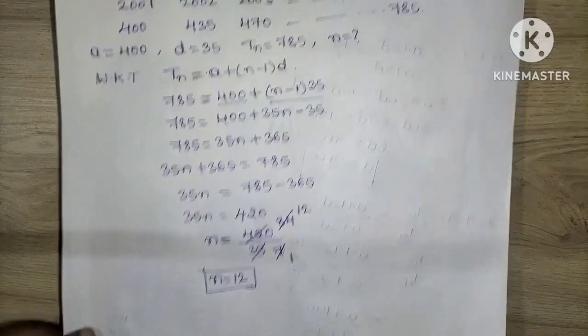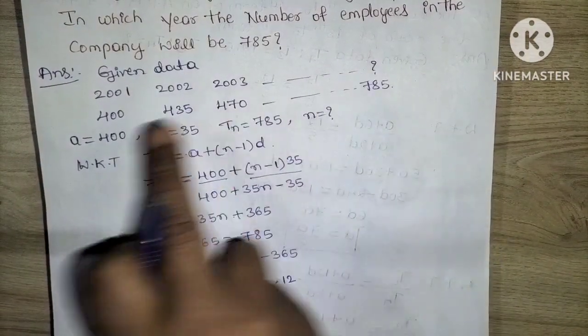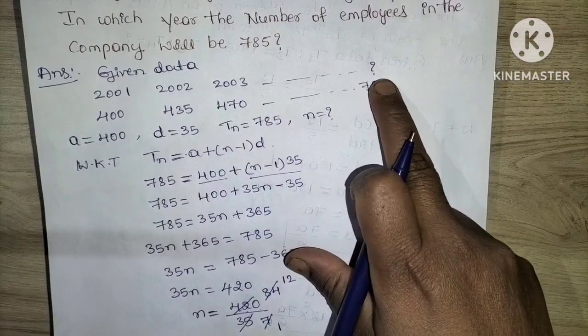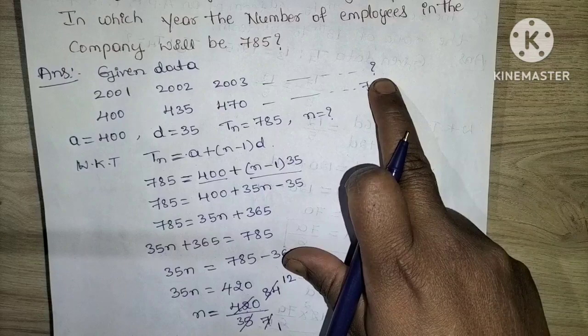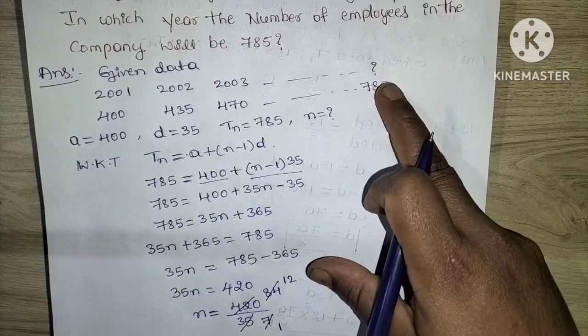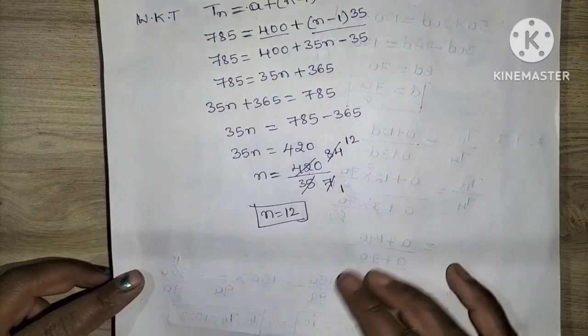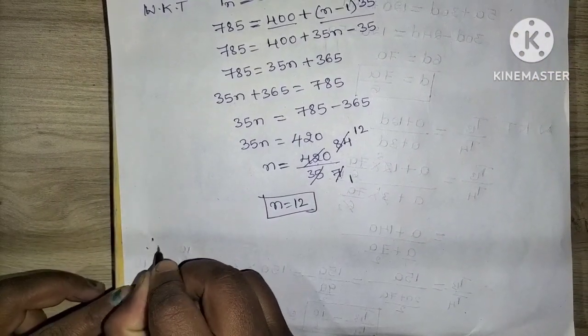So in which year? Counting from the year 2001 as 1, 2, 3, the n value 12 means that in 2012 the number of employees will become 785. That is what we had to find out here.